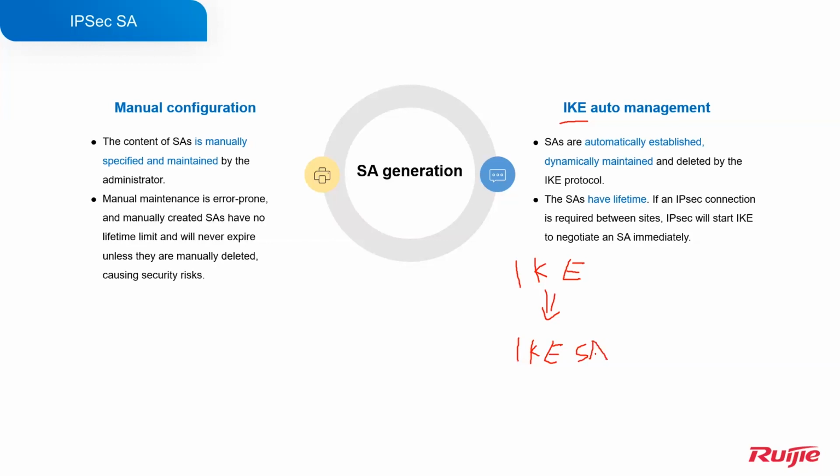The IKE SA is used to help us establish the IPSec SA. And finally, the IPSec SA can help us protect our user message like ICMP. This belongs to the user message. So this is the whole process of how to protect our traffic. This is the basic one.